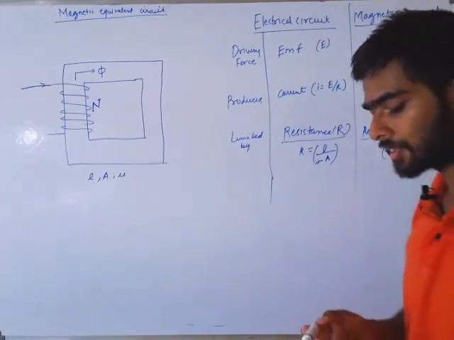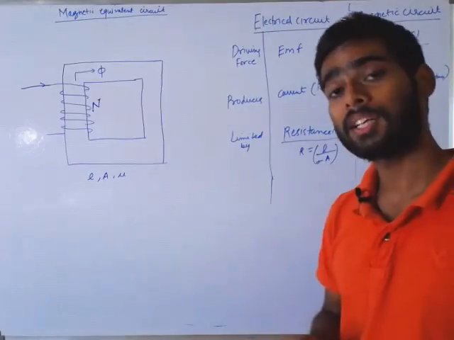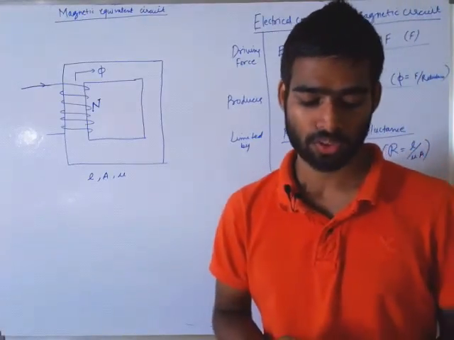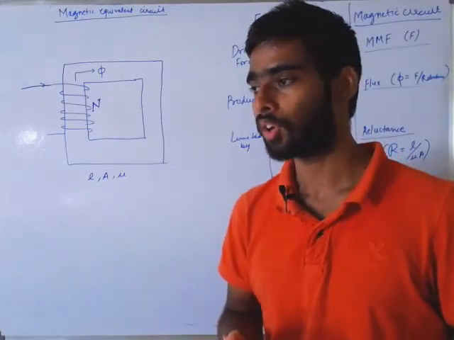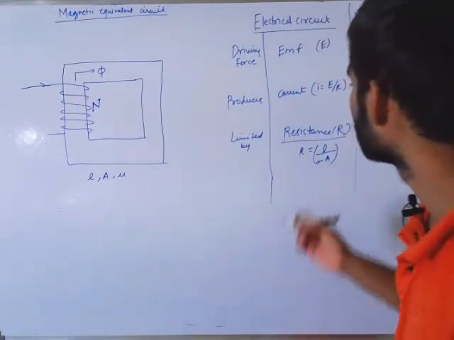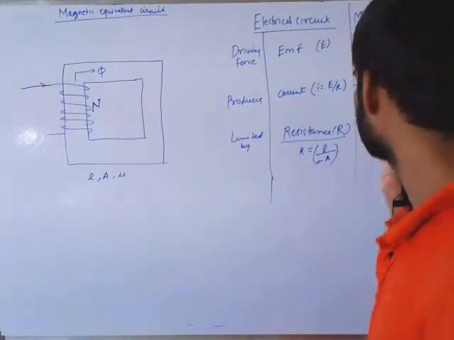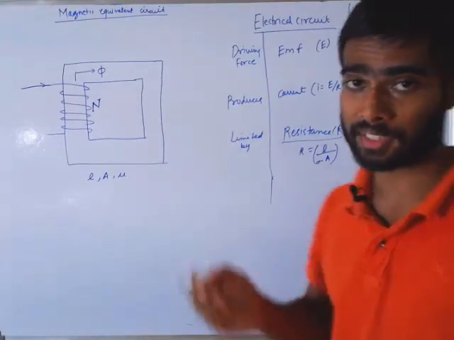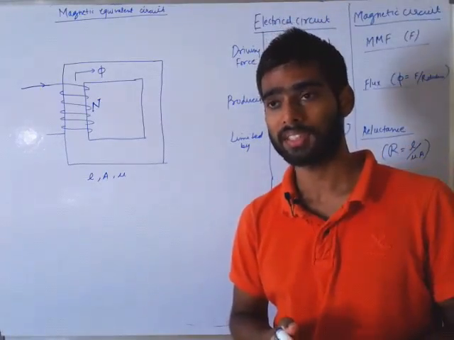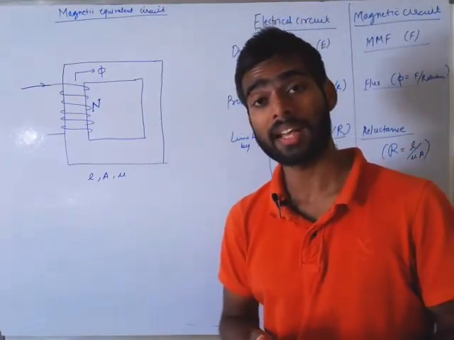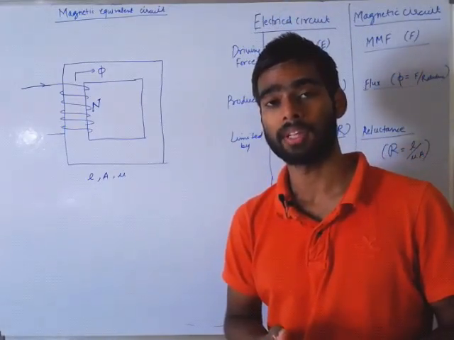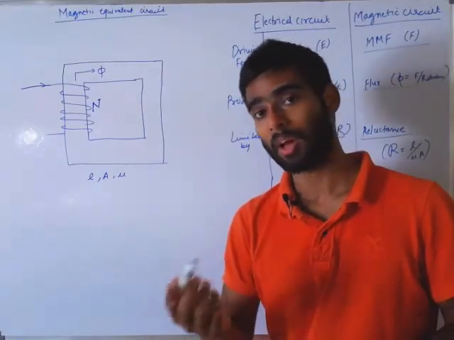We find two more quantities in electrical circuits, inductor and capacitor, but no such analogous substance is present in magnetic circuits. In an electrical circuit, if an inductor is present, the current lags the voltage by 90 degrees.